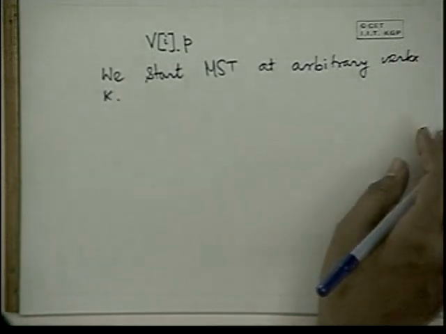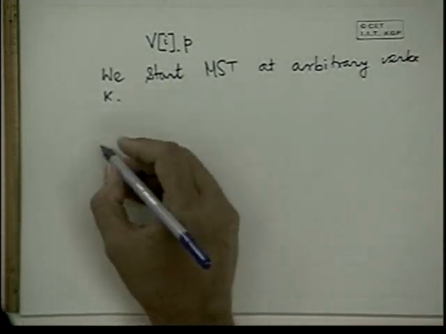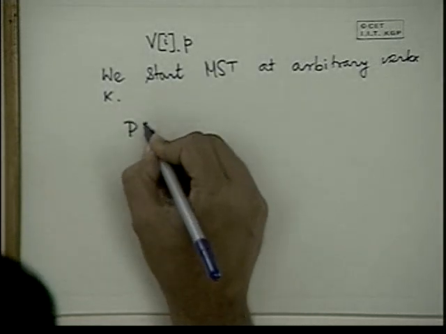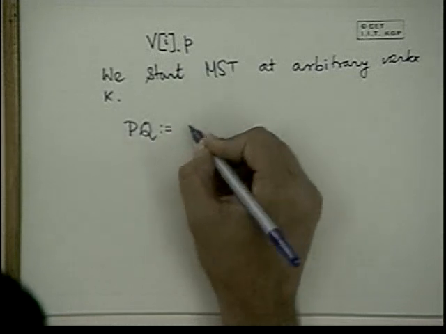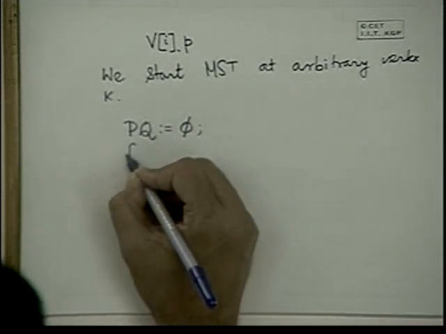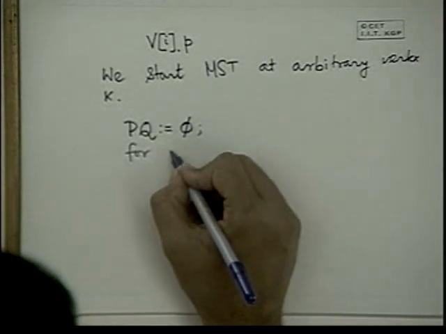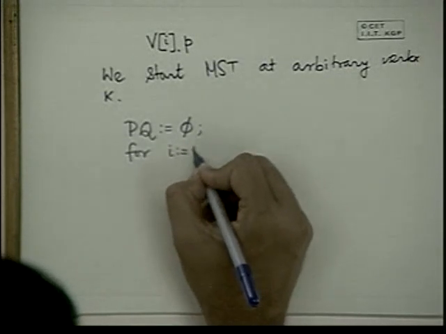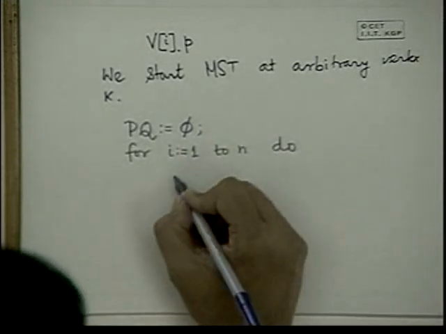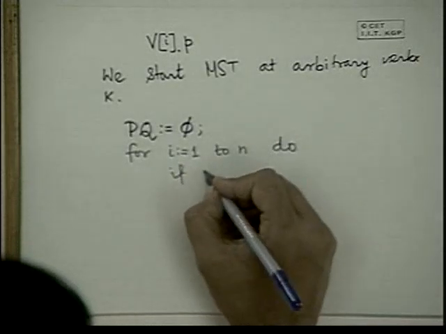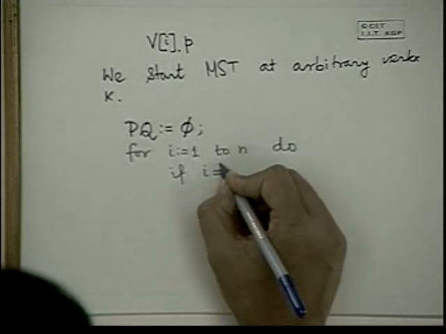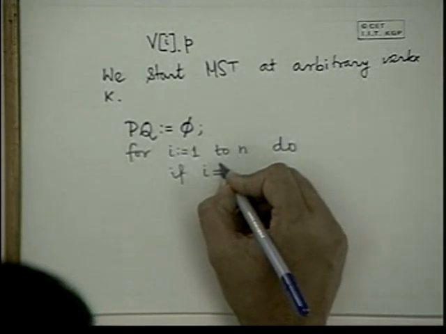So with this assumption, the initialization of the data structure is something like this. Initially the priority queue is empty, there is nothing in it. Then we initialize the priority field for all the vertices 1 to n. Remember, k is the vertex from where we want to start building the MST.